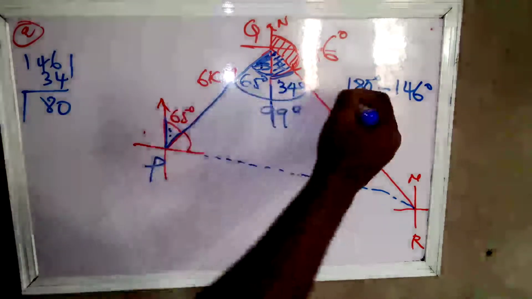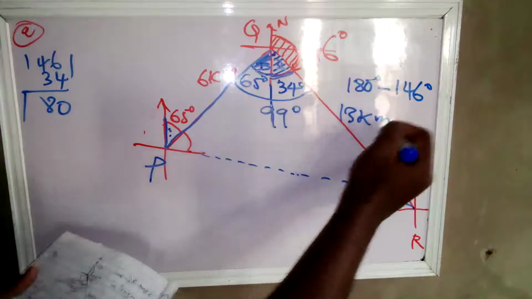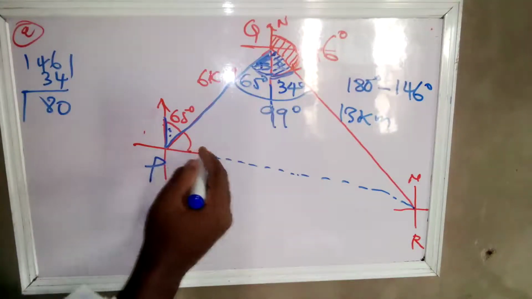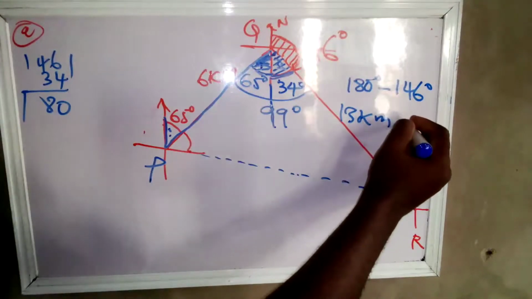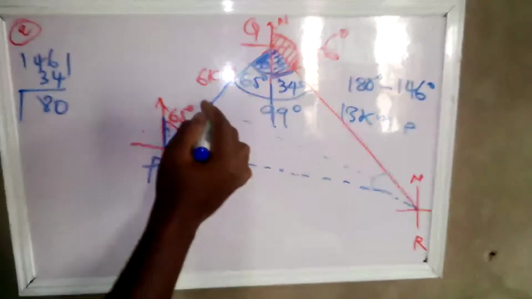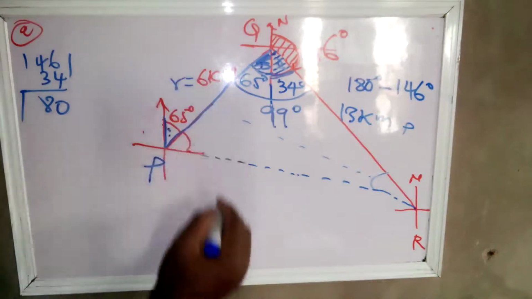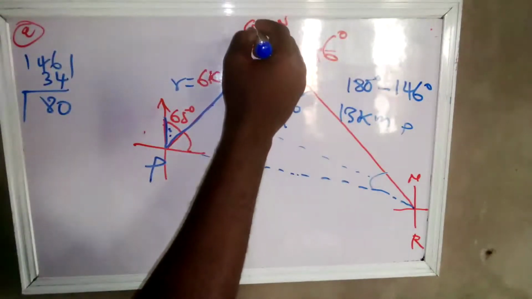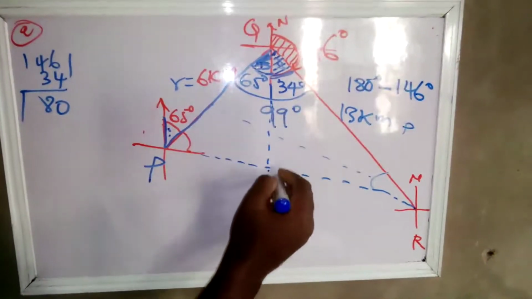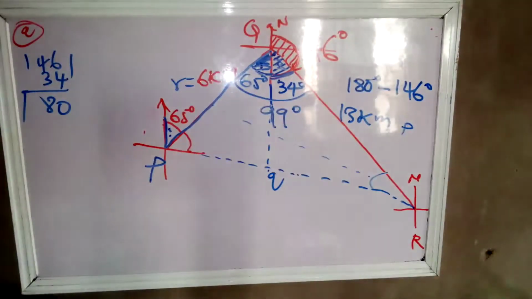So this is 13 kilometers. This is PQR. Where P is facing, you label it small letter p. Then where is R facing? R is facing this place, you label it small letter r. What is the side that is opposite Q? Q is facing this place, so you label it small letter q.